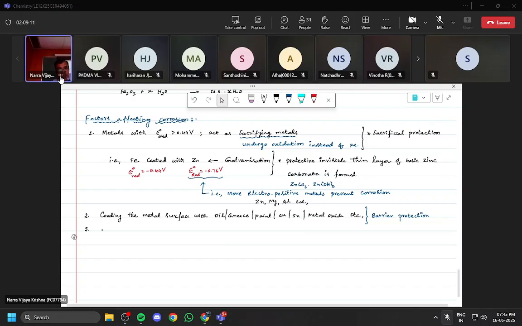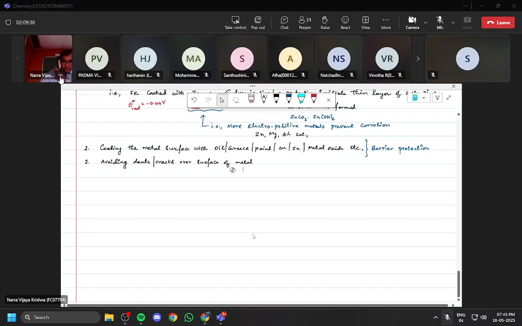So, avoiding dents or cracks over the surface also will stop corrosion, right?